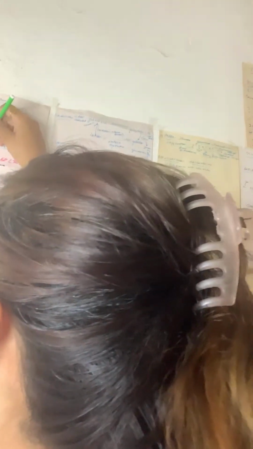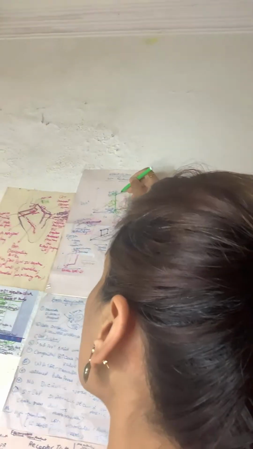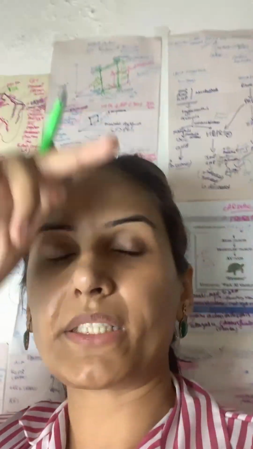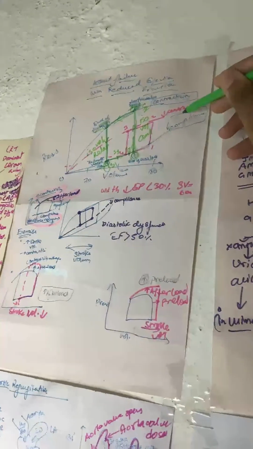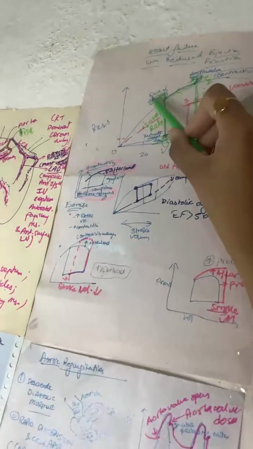Now, if you join these lines, what will happen? If you join all the points 1, 2, 3, 4 on the pressure-volume curve, it will show two curved lines. This curve is basically a compliance curve, and this curve is a contractility curve.